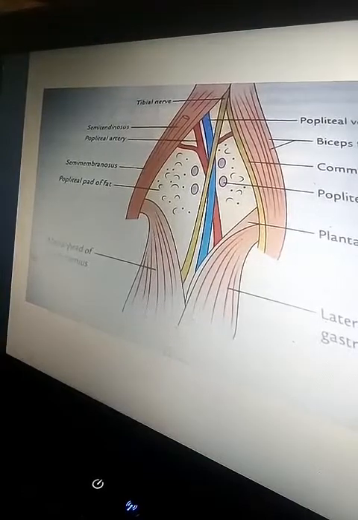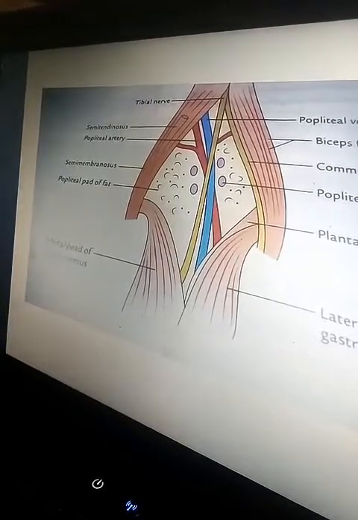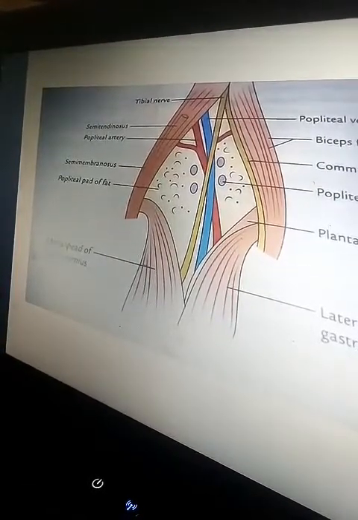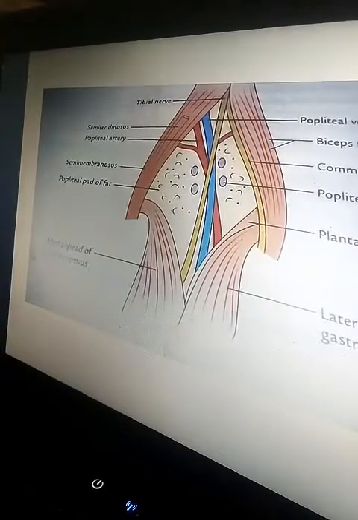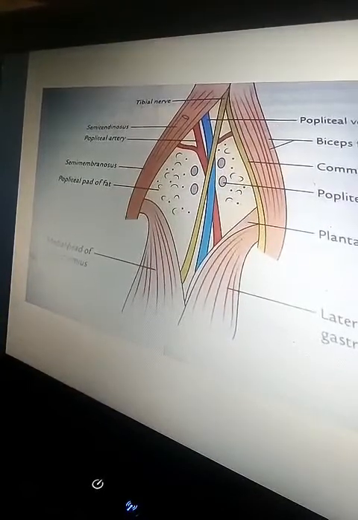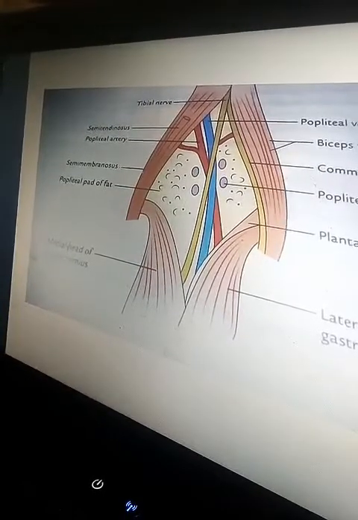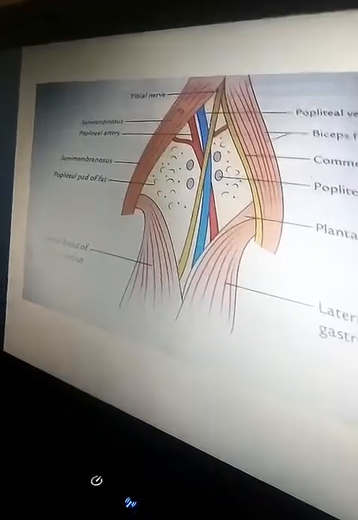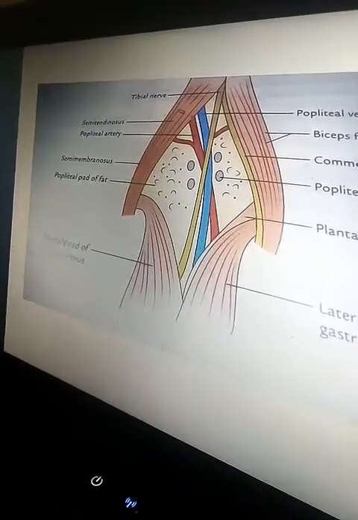In addition to the above mentioned structures, the popliteal fossa also contains the terminal part of the posterior cutaneous nerve of the thigh, descending genicular branch of the obturator nerve, and terminal part of the short saphenous nerve.